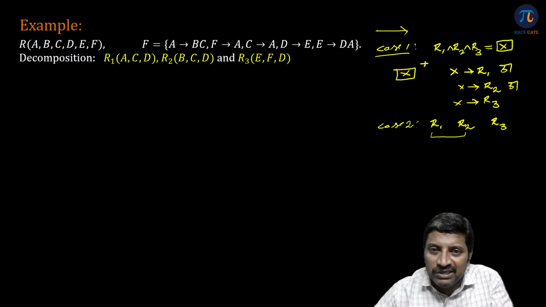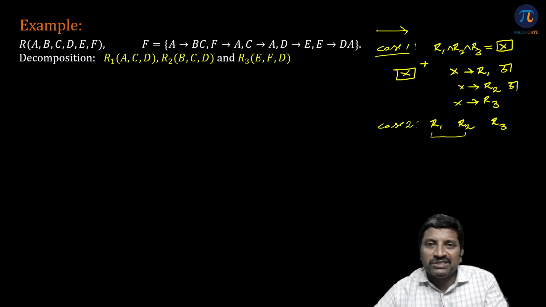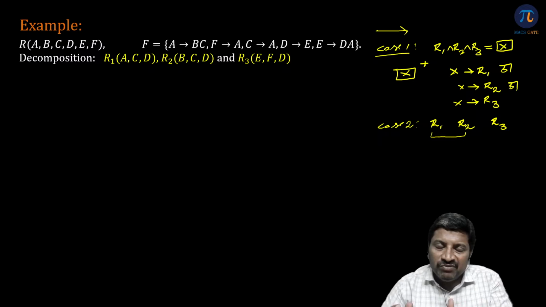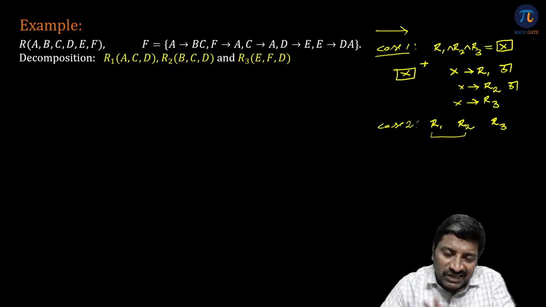If the property is not a success, go for another pair which has a common attribute. Let me repeat it. Out of three tables, select any two tables which have a common attribute. Verify the property. If it is a success, combine them and compare with the third table. If the property is not a success, then consider the second pair.